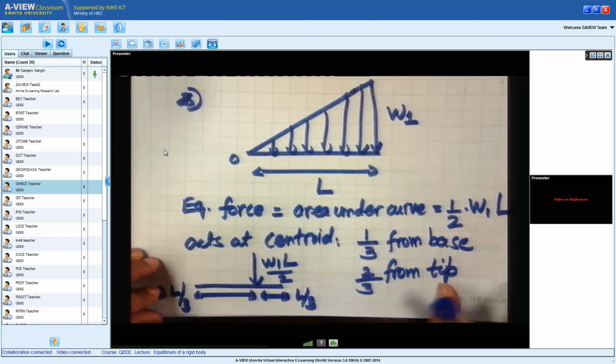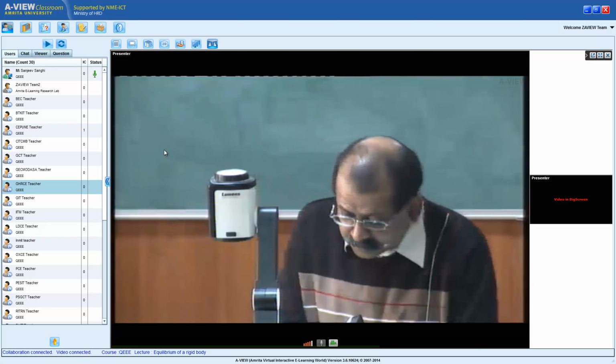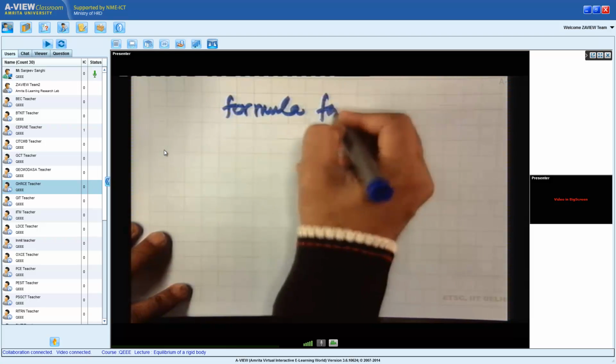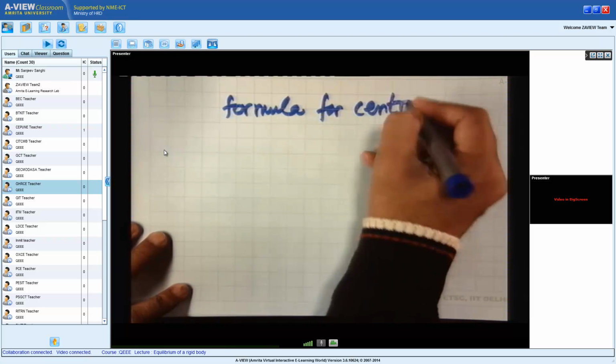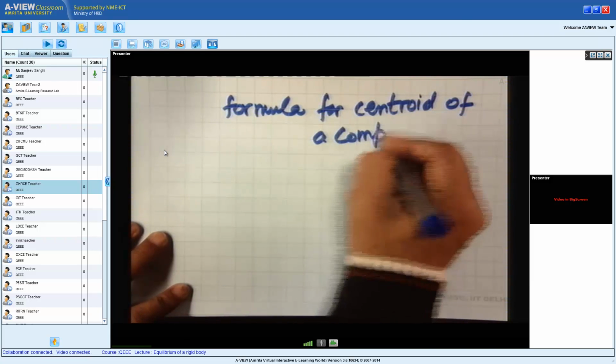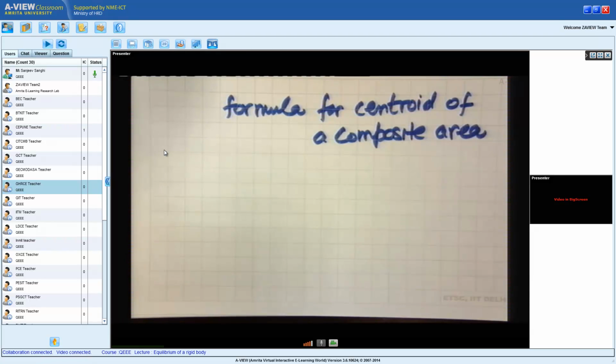Now when we talk of centroids, there is a formula for the centroid of a composite area.